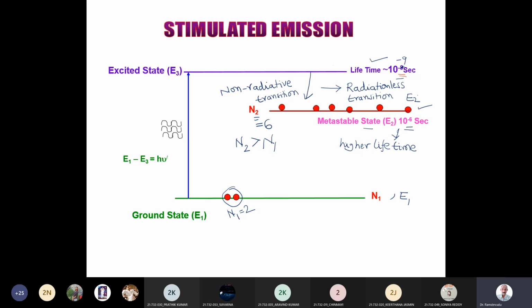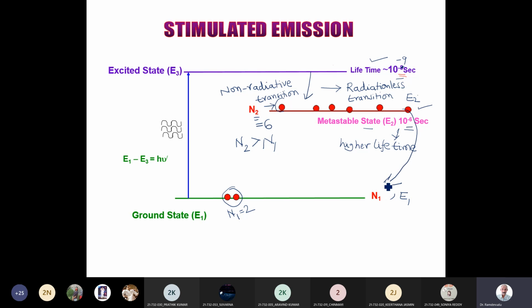Therefore, there are two important points you have to note down. One point is that if you have a metastable state with a larger lifetime, atoms will come and settle here. Thereby, I get time to throw all these atoms simultaneously down to this.